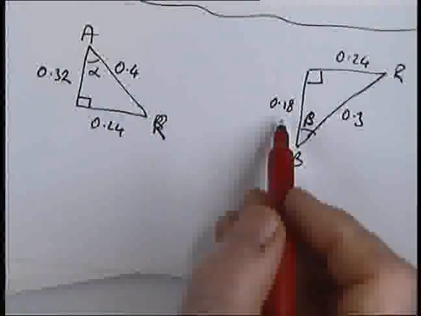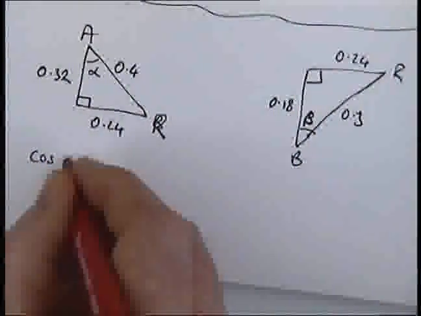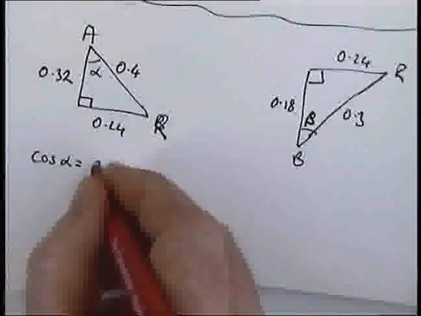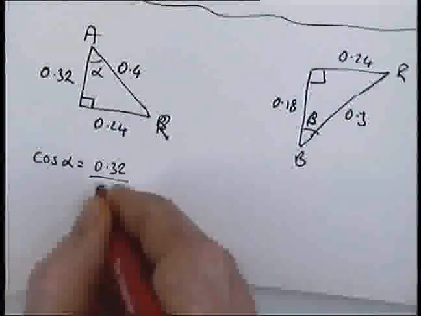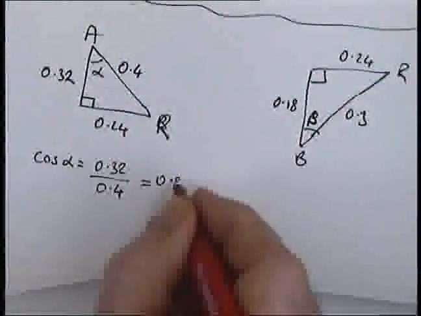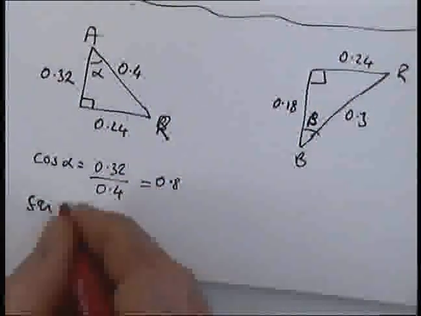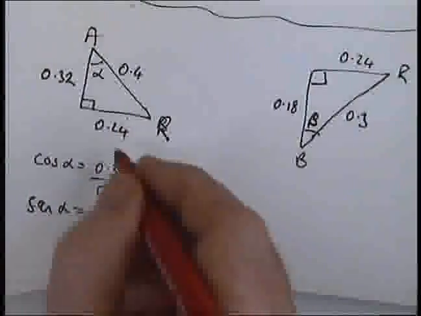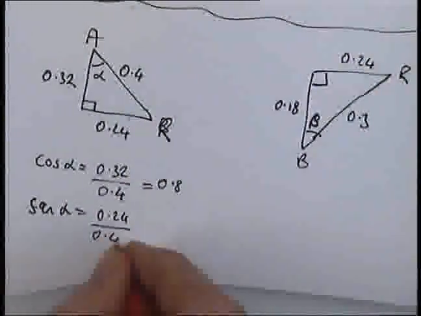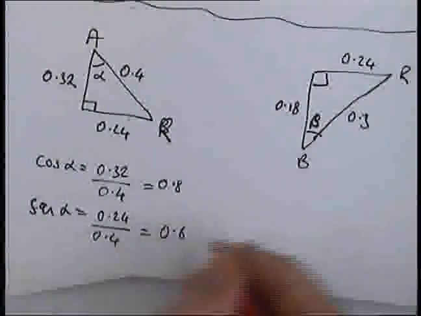Simple Pythagoras Theorem. Now I can work out that cos alpha is equal to the adjacent divided by the hypotenuse, so it's 0.32 divided by 0.4, which is 0.8. And sine alpha is equal to 0.24 opposite divided by the hypotenuse, which is 0.6.